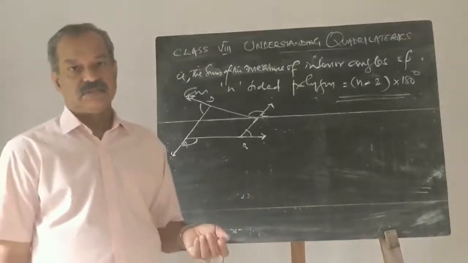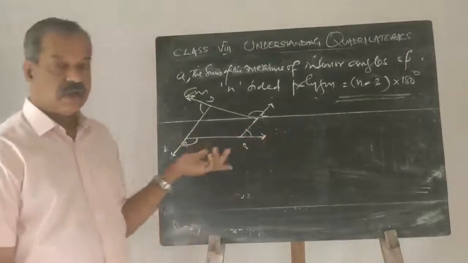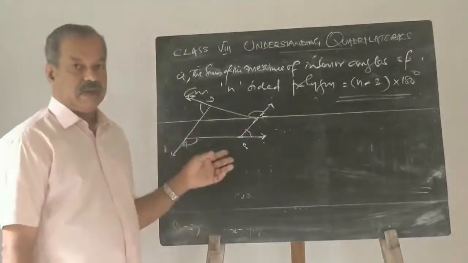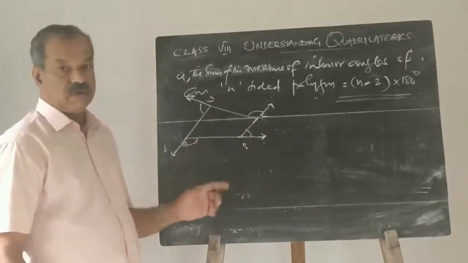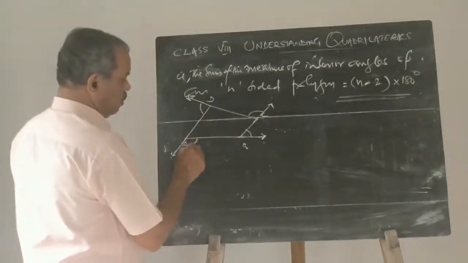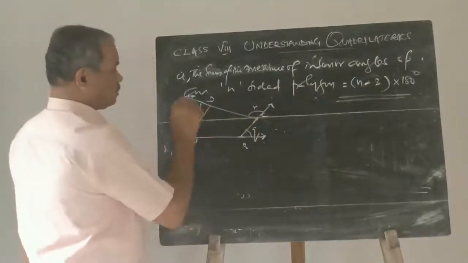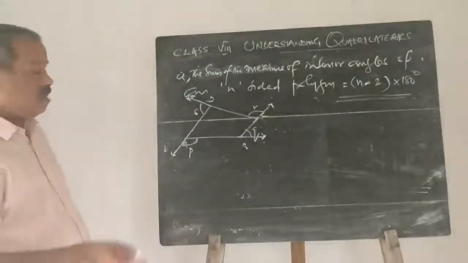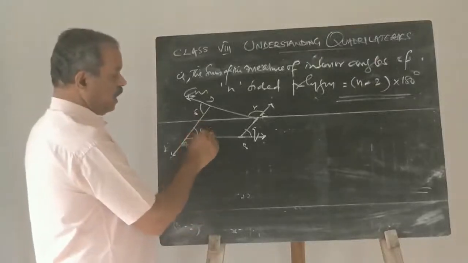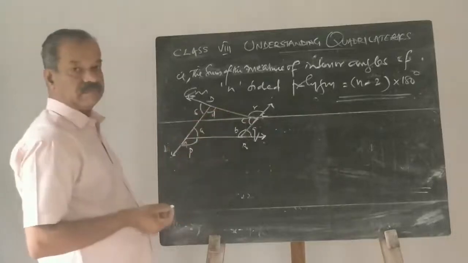A triangle has 3 sides, so 3 exterior angles. A quadrilateral has 4. Here, P, Q, R, S are the exterior angles, and the interior angles are A, B, C and D.